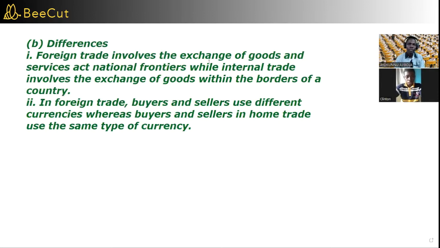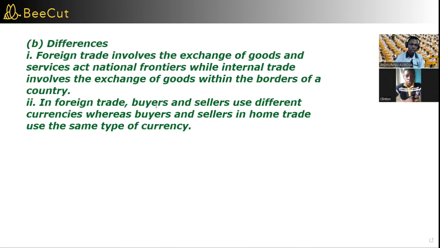Foreign trade involves the exchange of goods and services across national frontiers, while home trade involves exchange of goods within the border of a country. So that one goes across international frontiers, while the internal one is within the country. That's one major difference between foreign trade and home trade.